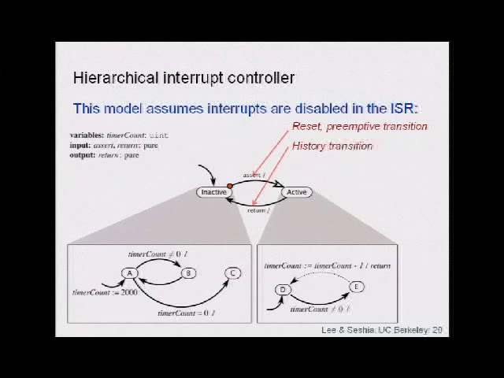The other possibility is you go from AE back to AD, and decrement timer count and generate the return signal.